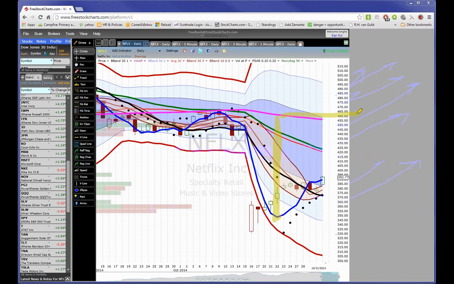We would take 460 or 455 as fair value, and this is a nice little structure in here, finding support at 375. And a nice little universal entry with targets here at the Bollinger Band mean, and then the far side of the river, with a stop down here at 370-ish. That looks good.